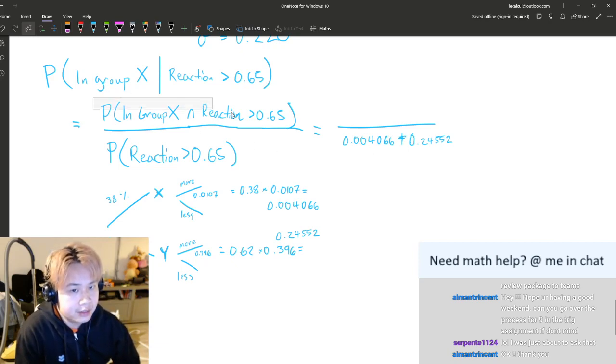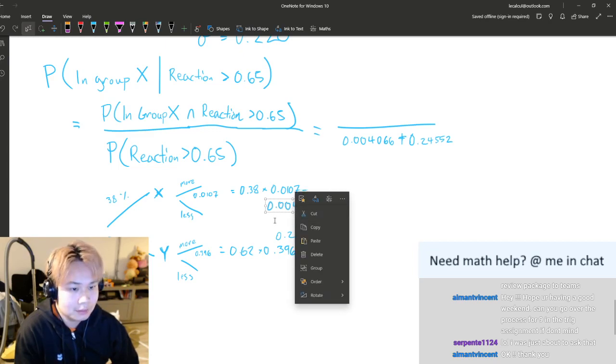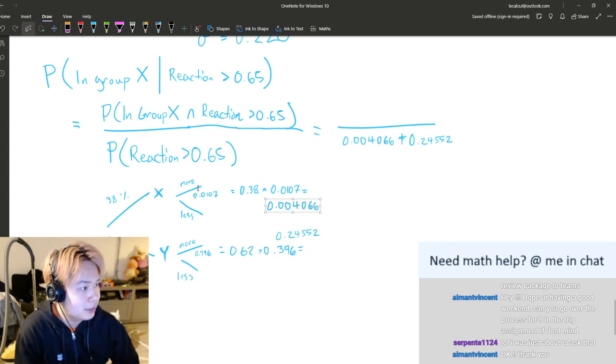And then the numerator in my formula, well, what's the probability of being in group X and also having that slow reaction time? We already calculated that. That's this one, right? This is the probability of being in group X and being slower than 0.65. And then there you go. This should be our answer. We put this into our calculator.